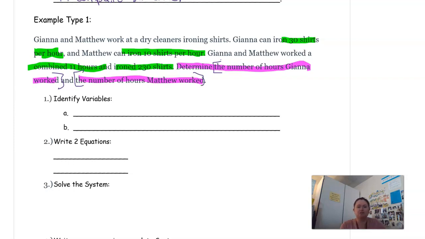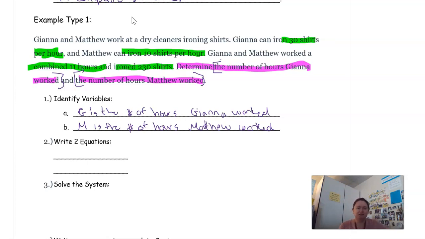Let's use G for Gianna and M for Matthew. So G is the number of hours Gianna worked, and M is the number of hours Matthew worked. So now, whenever I want to talk about the number of hours Gianna worked, I can just use the letter G. I don't have to write that out every time. And same thing with Matthew and M.